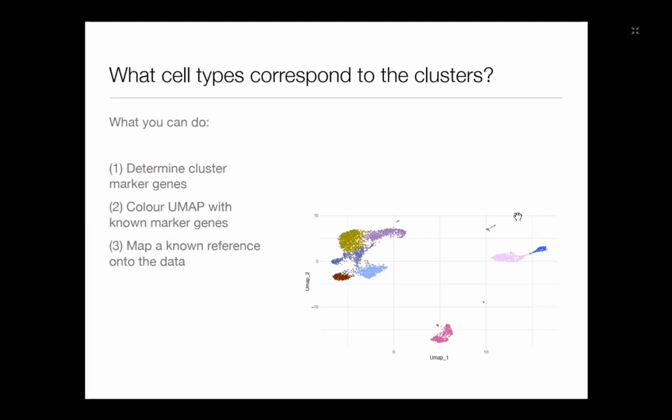And then we can look at the function of these genes and infer the function of the cell cluster. We can obviously take marker genes that we already know because we know the research subject, right? And color them on the UMAP. And also more importantly, nowadays, we can map known references onto the data and predict the identity of the cells.